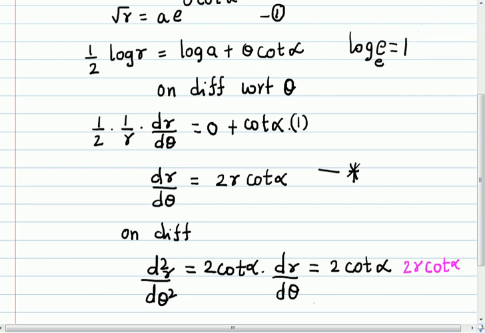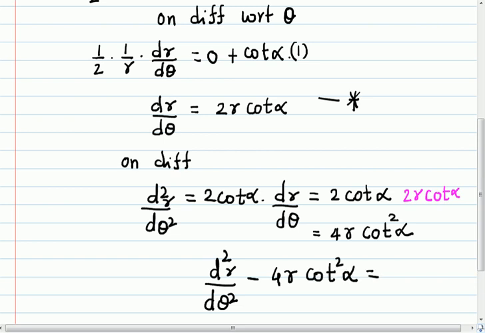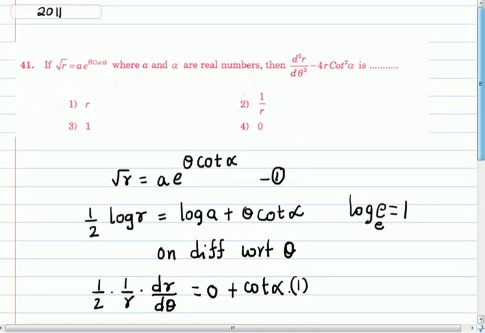After simplification we will be getting 4r cot square alpha. Hence if you take this term to the LHS, d square r by d theta square minus 4r cot square alpha must be equal to 0. Hence the answer in this case is 0. Okay, let's go for the next question.